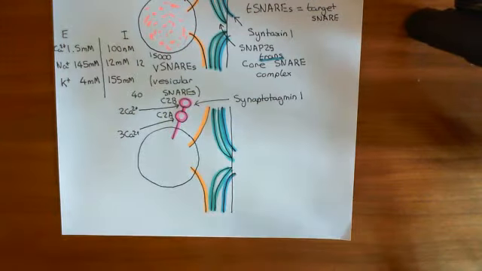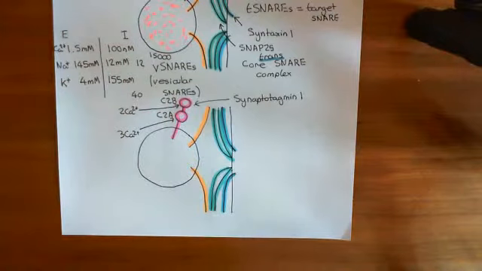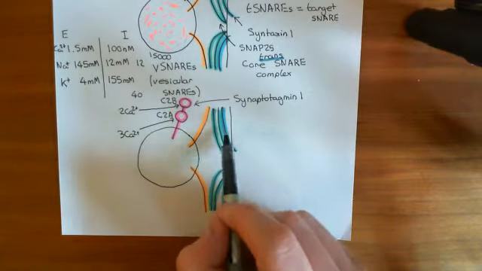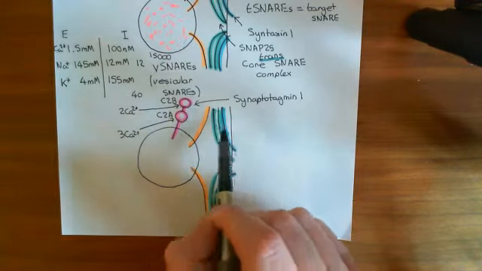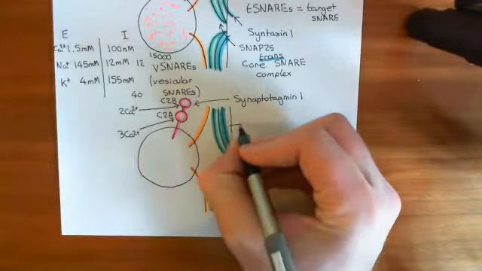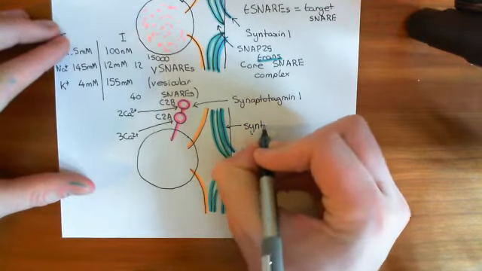When that rise in electrical potential happens, it means that the C2a and the C2b domain can start binding to things. One of the things that Synaptotagmin 1 has been shown to bind to is the snare protein Syntaxin 1. So when the calcium arrives, Synaptotagmin 1 binds to this snare protein in blue, which is a T-snare and is Syntaxin 1.